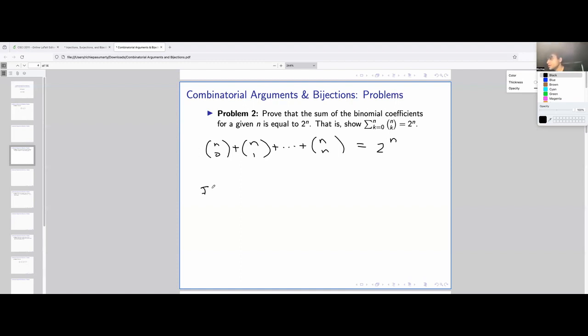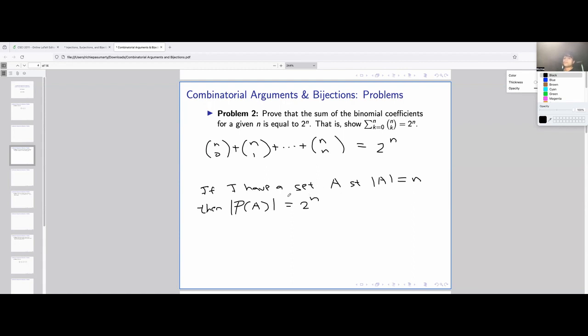So if I have a set A, and the cardinality of A is n, then the cardinality of the power set of A is equal to 2 to the power of n. There are 2 to the power of n subsets.